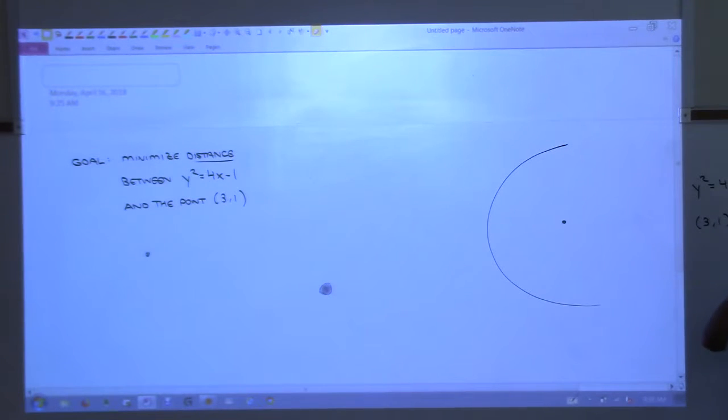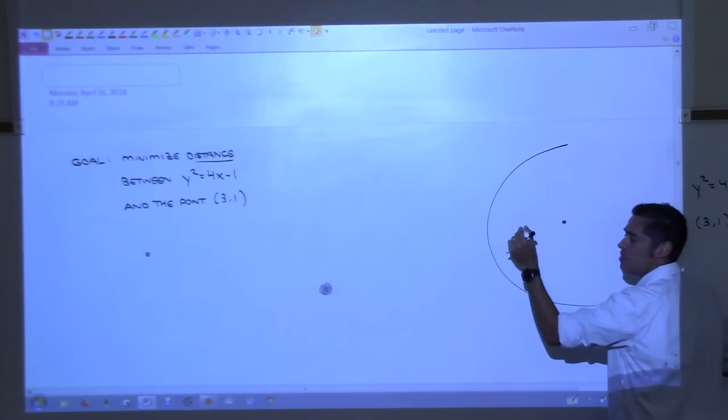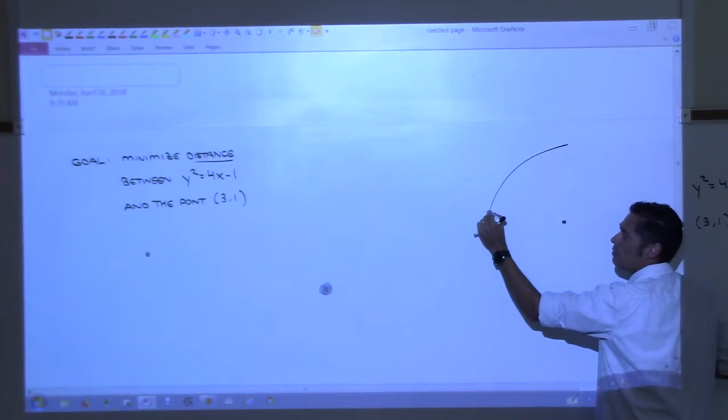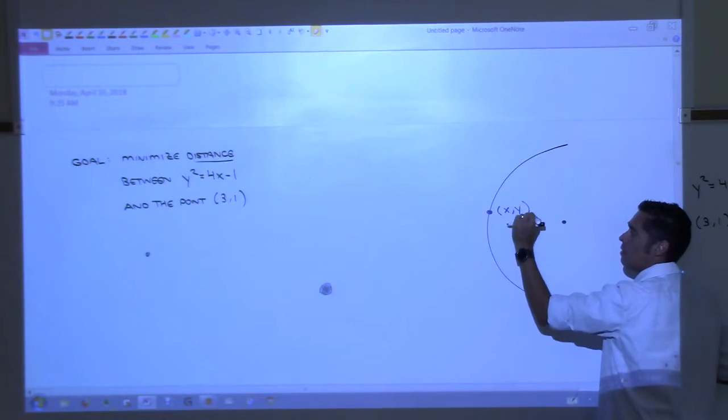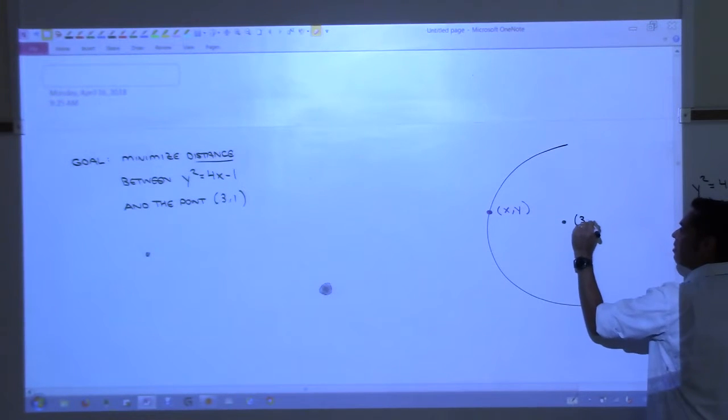All right, so the point that we're looking for lives somewhere on this parabola. We don't know where yet. So how about I just label some arbitrary point? And it has some x coordinate and some y coordinate. Agreed? Now this point here is fixed, 3, 1.